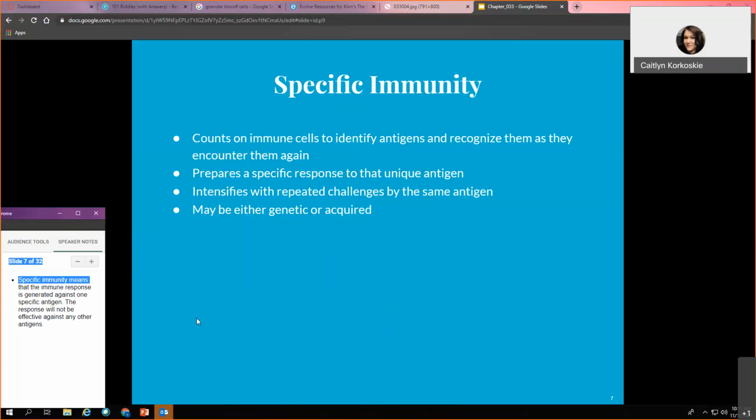Like if you received a vaccine for hepatitis B, you're protected from that specific virus, but not from the flu and other things, if that makes sense. So you've built up immunity to one specific bacteria or virus, but it doesn't protect you from everything else. If you got a vaccine for one thing, it's not going to protect you against everything.